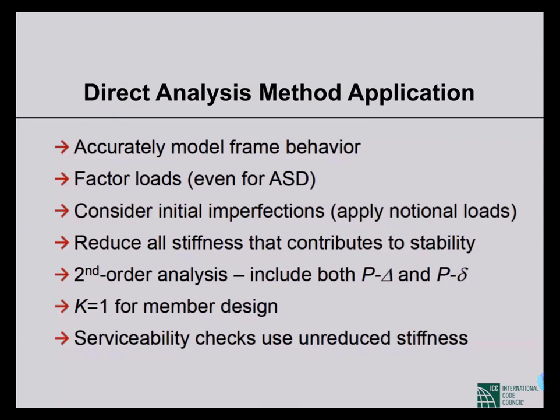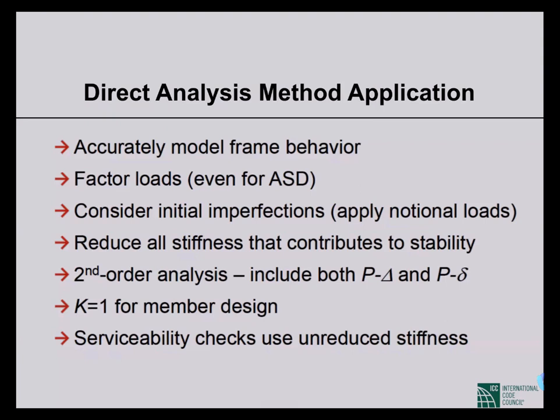If we want to consider initial imperfection, we can apply some very small amount of drift at different levels. Or without doing that, we can model as usual, and then we can apply notional loads, which will reflect the effect of initial geometric imperfections.